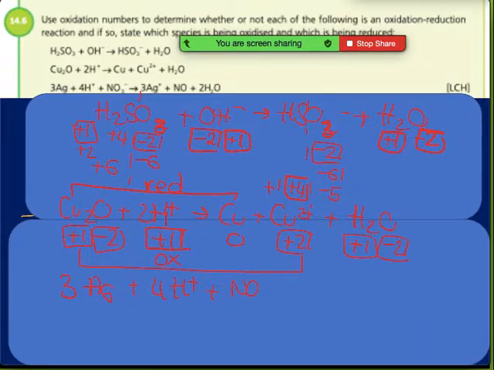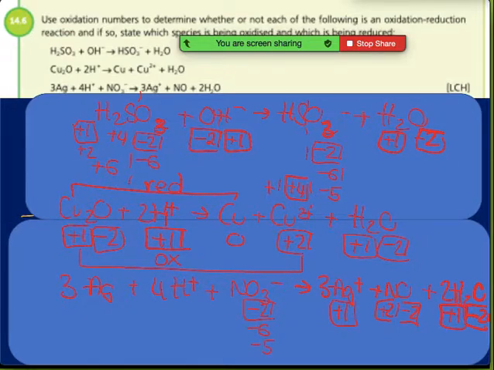Can I just ask somebody to help me out for this bottom one? Is it NO3 minus? Thank you. 3Ag plus NO plus 2H2O. So -2, +1 for your hydrogen, -2 here, +2 for your nitrogen. Your silver will be +1 because it takes the rule of a simple positive ion. Here this is -2, I have 3 of them, -6.